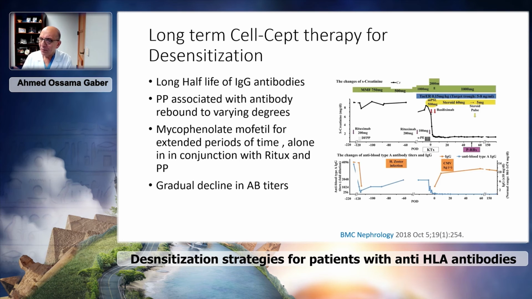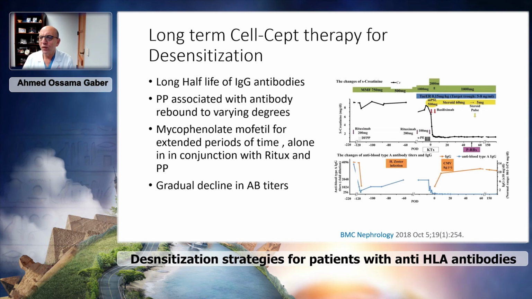But because I have a lot of patients on the cadaveric waiting list, who have time, I realized that the half-life of IgG antibodies is really long, 90 days or so. So it's easy to pull some antibodies out with plasmapheresis, but if you want to do any desensitization without plasmapheresis, it will take a very long period of time.